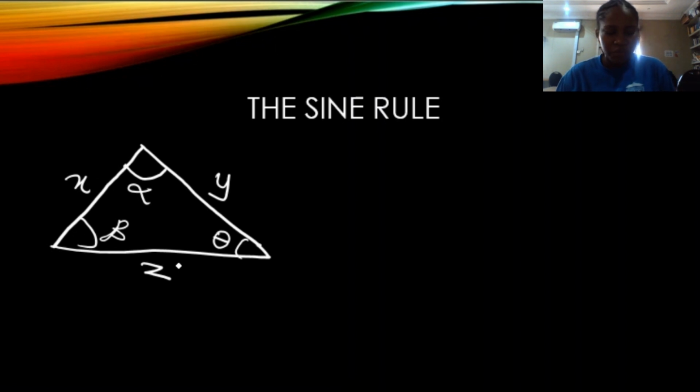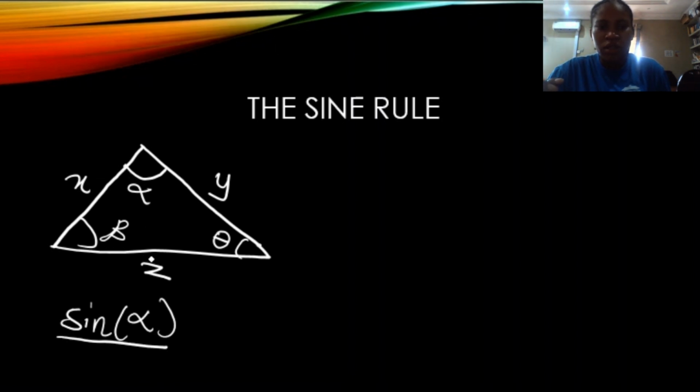The sine rule states that the ratio of the sine of one angle of the triangle, let's take alpha, to its opposite side, that's the side facing the angle, z, is a constant.